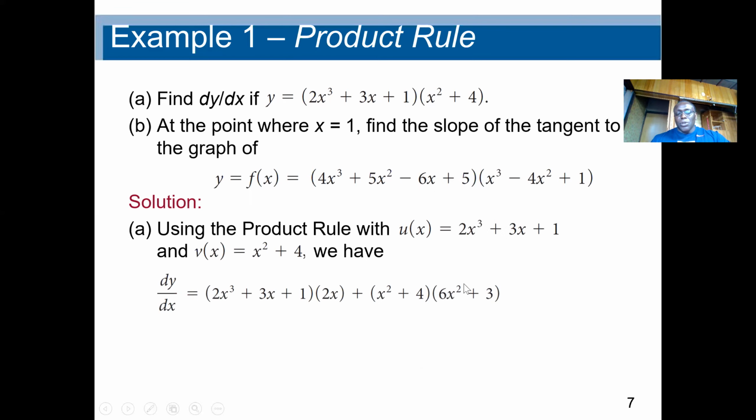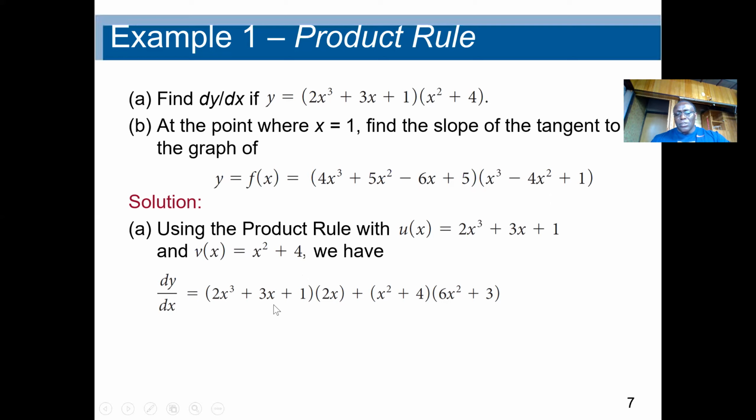So let's see how this problem was solved. So u of x is 2s squared plus 3s plus 1, and v of x is s squared plus 4. Using the product rule, this is what we get. Now we find the derivative of the first term.